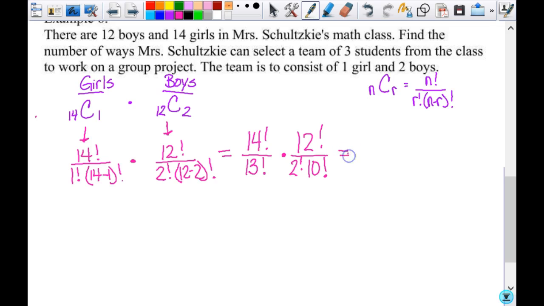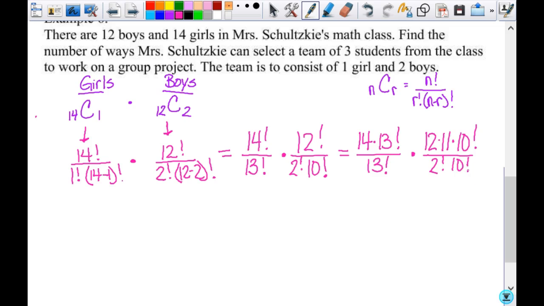Equals, then I can start this right here. This is going to be 14 times 13 factorial divided by 13 factorial times, using the second one, 12 times 11 times 10 factorial divided by 2 factorial, 10 factorial.